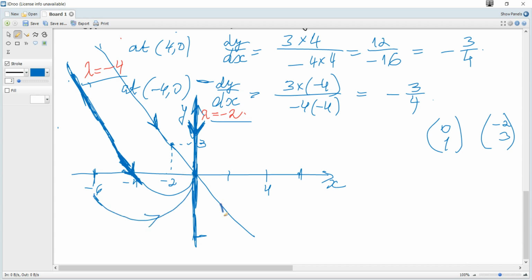And from the other side also, everything will be to the origin. And again, at 4, 0, the gradient is negative 3 over 4, something like this. And again to the origin, and one more, something like this.